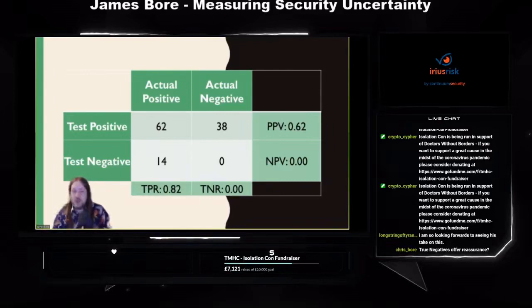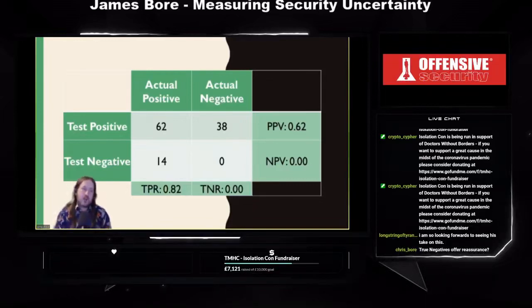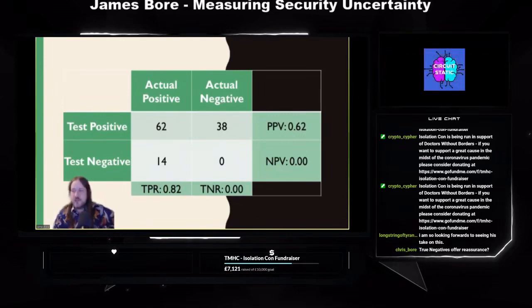Again, hard to say if that's good or bad, nothing to compare it against. True negative rate is 0. We've not got any true negatives because anything that wasn't found by the test and wasn't in our sample is by default a true negative. If you've got somewhere you've included a sample because you can, that's a different matter.